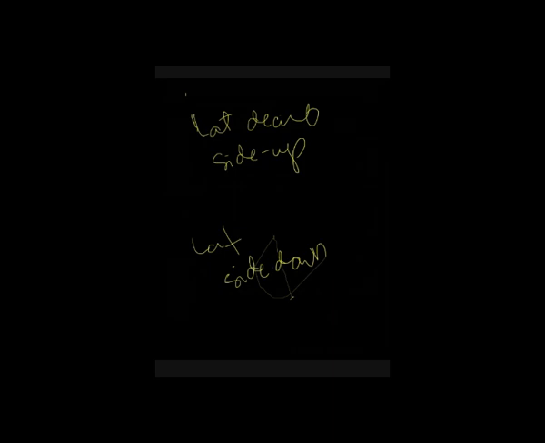Kapag lateral lang, so, halimbawa, ito yung table, ito yung tube. Kapag nakalateral yung patient, kung ano yung side na nasa baba, yun yung ating marker. Halimbawa, naka-left lateral ang patient. So, yung marker natin is left. Kapag naka-right lateral ang patient, yung marker natin is right.